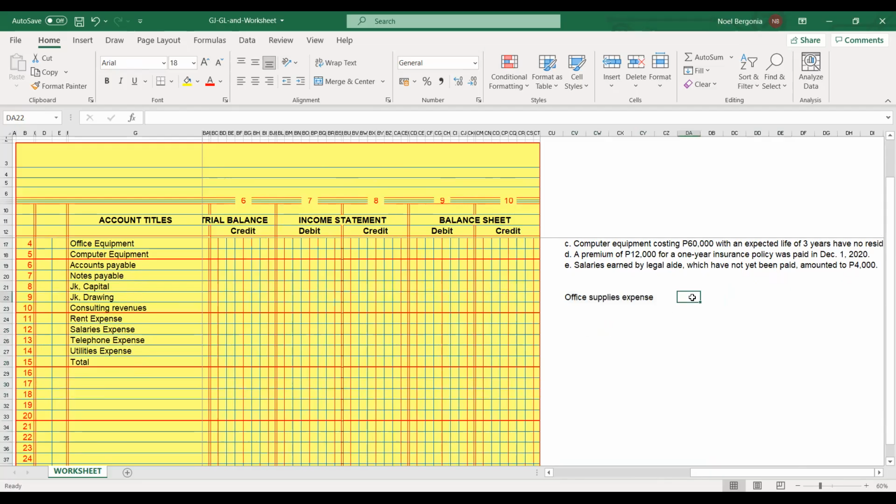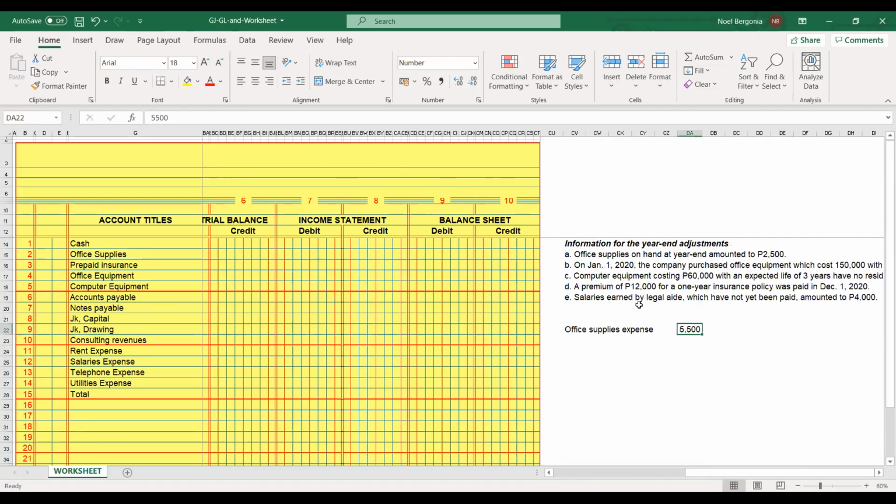So magkano? 5,500. And then we credit office supplies. Ganyan yung supposed to be na ating adjustments. Hindi pa natin siya i-formalize na i-journalize, so what we will do is to put this contextualized journal entry for the adjustment ng used portion of the office supplies to our adjustments column.